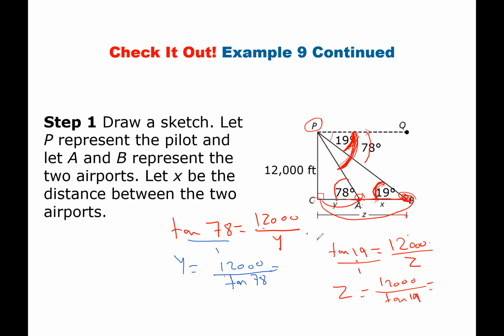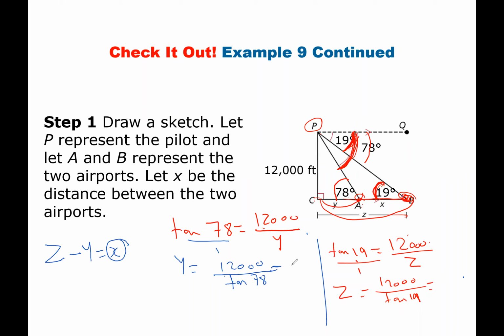Find this result, please, and find this result, and subtract them to find X, because Z minus Y equals X. And X is the distance between the two airports.